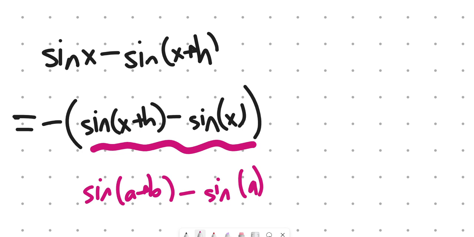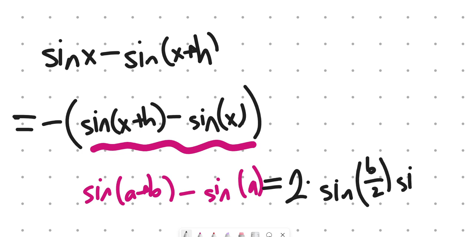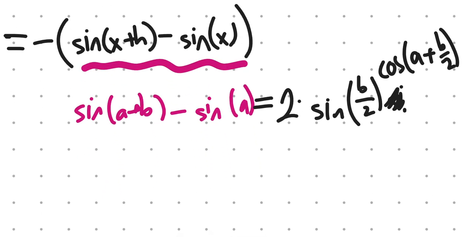And from an identity, we know that this is just equal to 2 times the sine of b over 2 times the cosine of a plus b over 2. Since we have this, we can apply it over here.